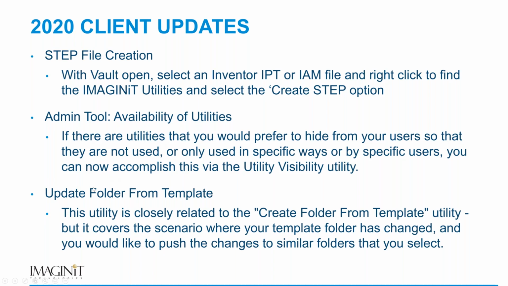Kind of simplify it a little bit. Update folders from templates. So in this one, we have a template folder, and if that template folder changes, this would give us the ability to push those changes down to our folder structure. Very handy there. So as things change, we can roll with those punches.